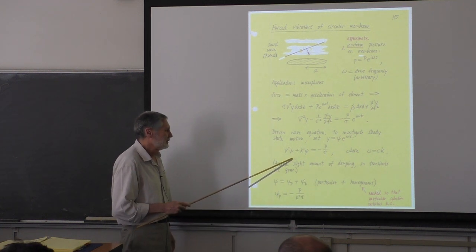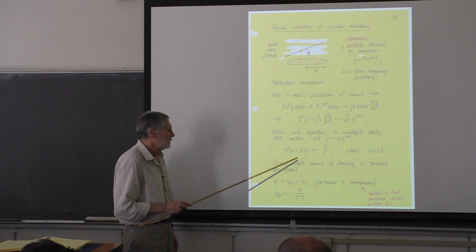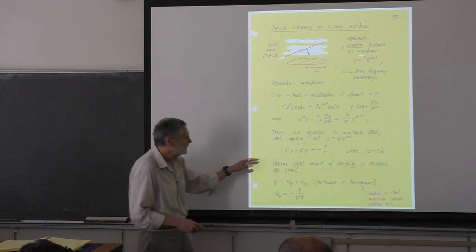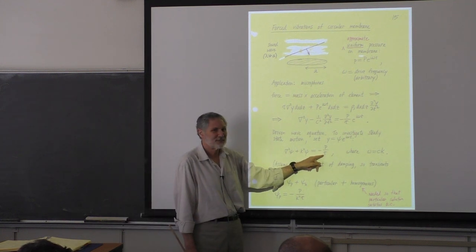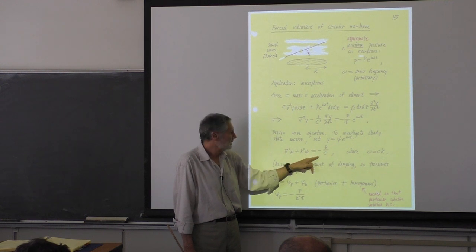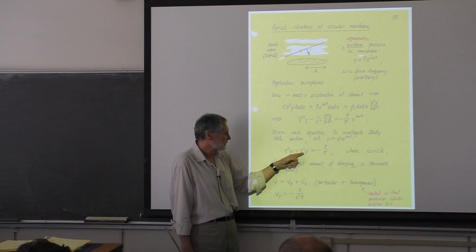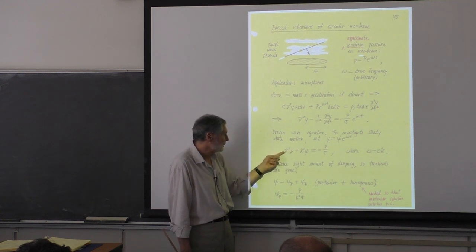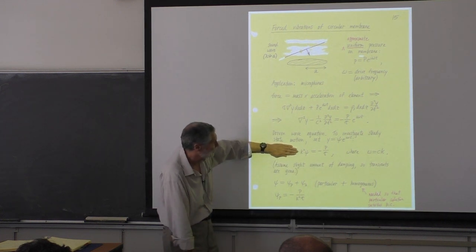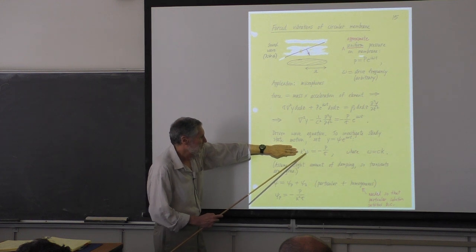The particular solution here is particularly easy. This is just a constant, right? So the particular psi is just going to be some constant. The Laplacian acting on the constant will be 0. So I can see what the particular solution is going to be here.